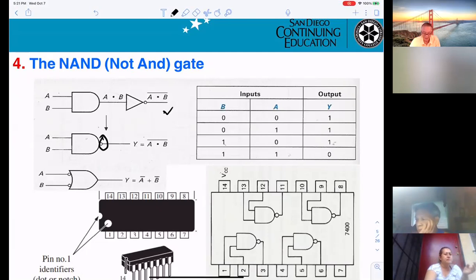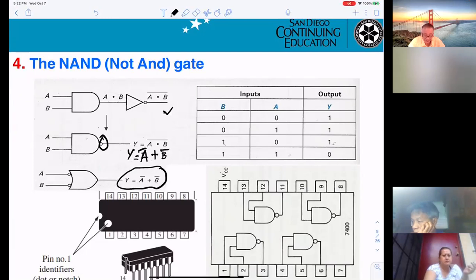The very important thing here is this equation: Y equals NOT (A and B). If you use De Morgan's law, you break it out: NOT A, OR, NOT B. That equation right here is a key point in order to decide what the output is.